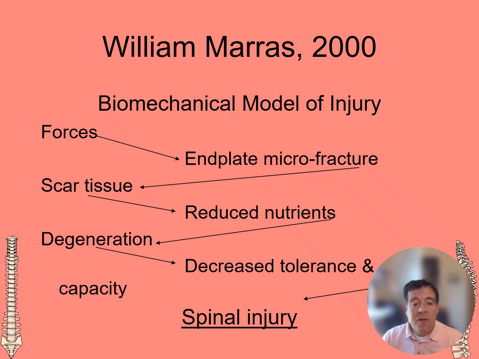Then, unfortunately, we get degeneration. We're all, at a certain age, going to face degeneration of the bones, especially the spine. This decreases our tolerance, again all resulting in more serious spinal injury. So it's just a cascade from this biomechanical model from Marras.